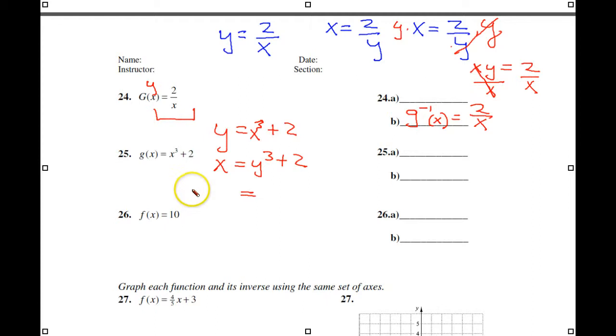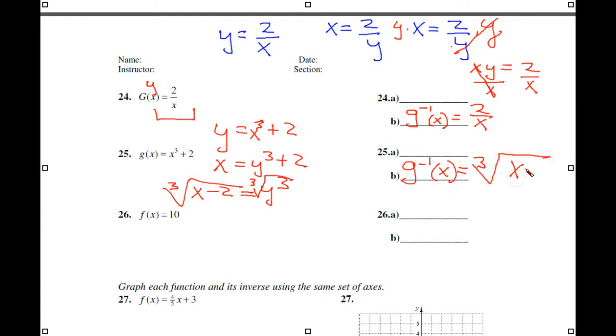Solve for y to the third, we get x minus 2 equals y to the third, and then take the cube root of both sides, and we just end up with inverse of g equals the third root of x minus 2. Okay.